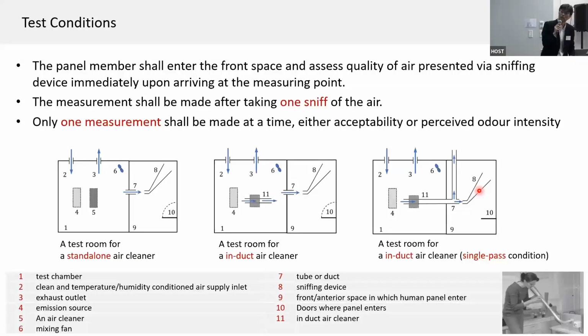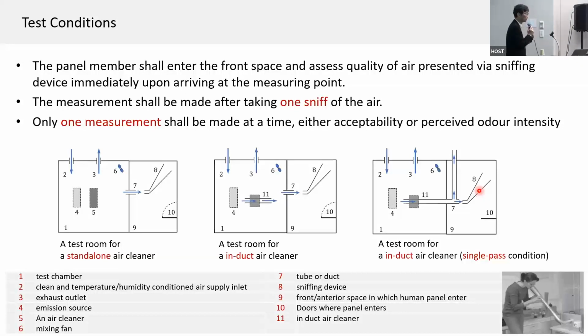In these test conditions, the panel members shall enter the front space and assess the quality of air presented via sniffing device immediately upon arriving at the measuring point. Measurements shall be made after taking only one sniff of the air, and only one measurement shall be made at a time, either acceptability or perceived odor intensity.